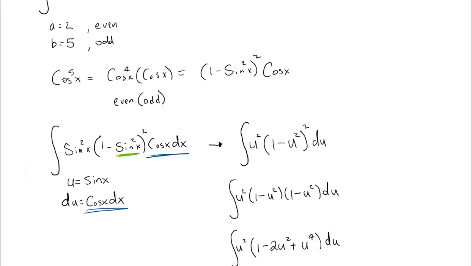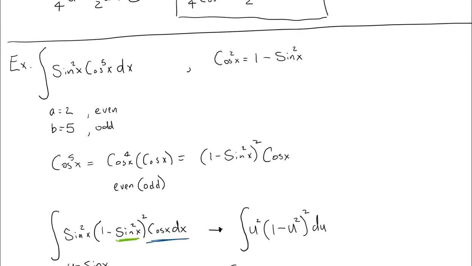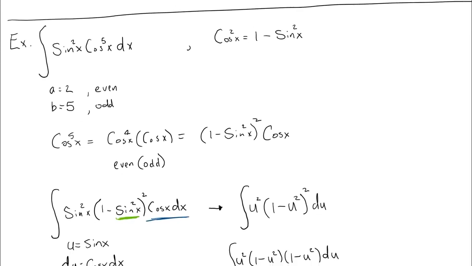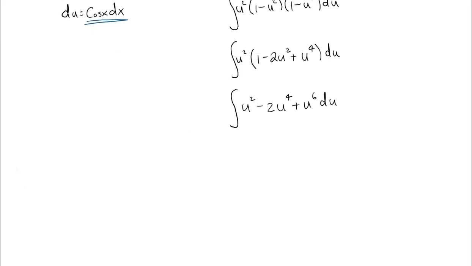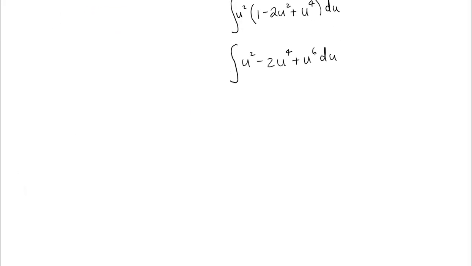And we started with a rather complicated trigonometric integral, and now we've converted it into a polynomial, which we can use the power rule on. So this will be 1/3 u to the 3rd minus 2/5 u to the 5th plus 1/7 u to the 7th plus c.